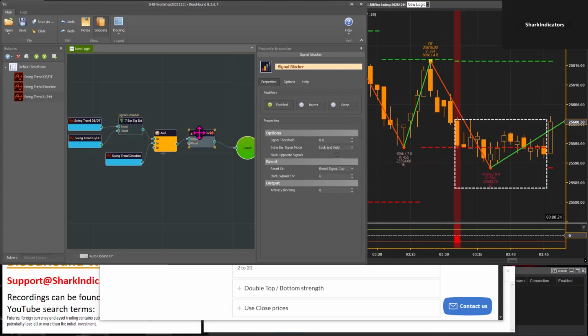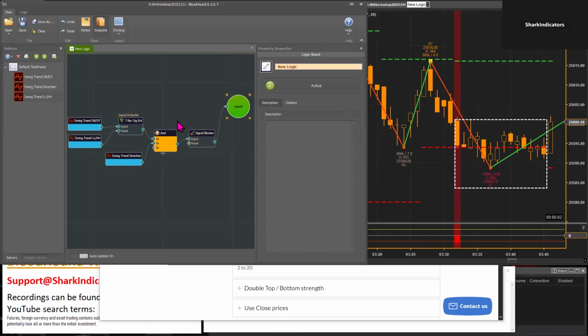So you'd want the signal blocker to block for 6 bars, or 1 bar less than your signal extender.